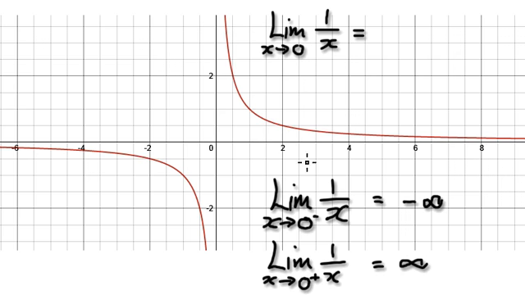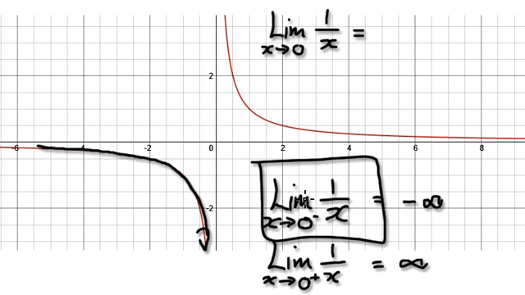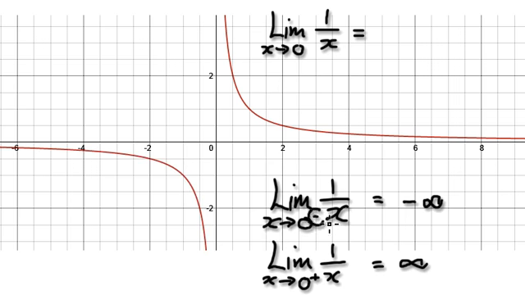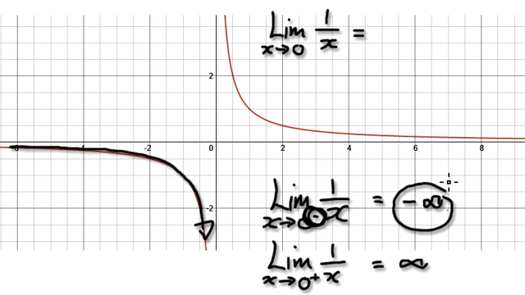Now be careful, everyone makes this mistake. When you don't have a symbol here, that means you've got to take both directions into account. Here you are just looking at the left hand side, only the left hand side. That's why you can say the limit here is negative infinity.